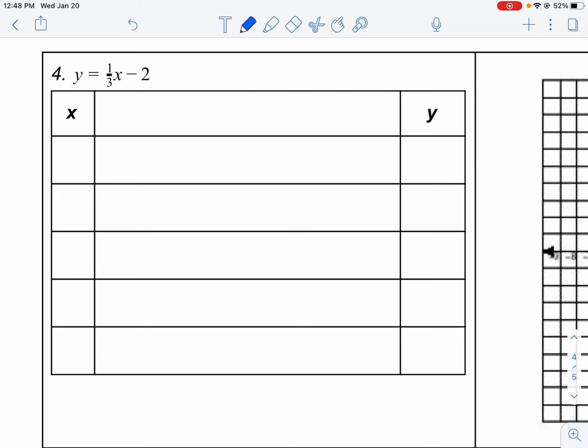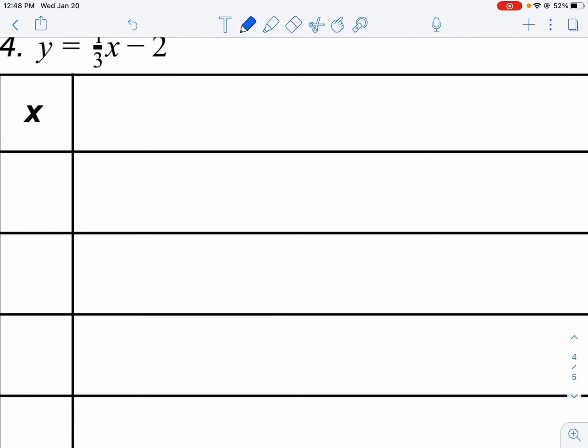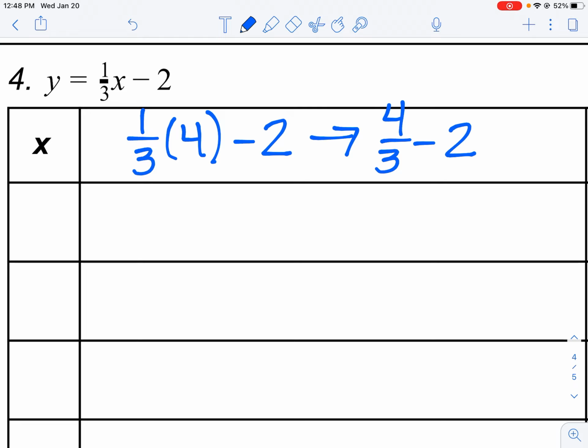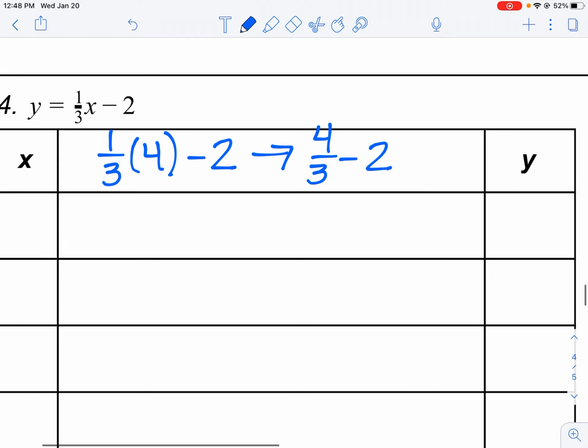So if I were to choose the number 4 and I put it in for x, I end up getting 4/3 minus 2. While this still works, later on when we do this, it's not going to be very friendly. And look right here, that's going to be a mixed number. Nobody wants to plot a mixed number with a coordinate of 4 and a fraction.